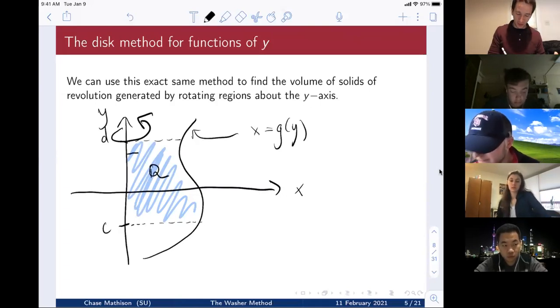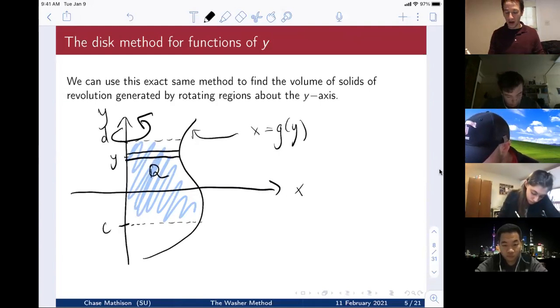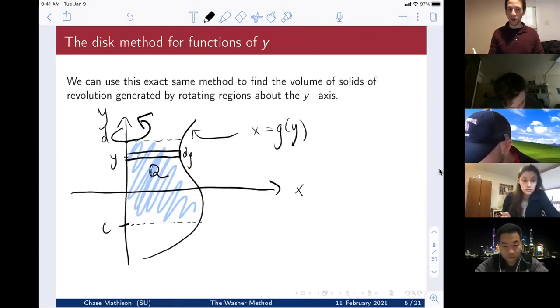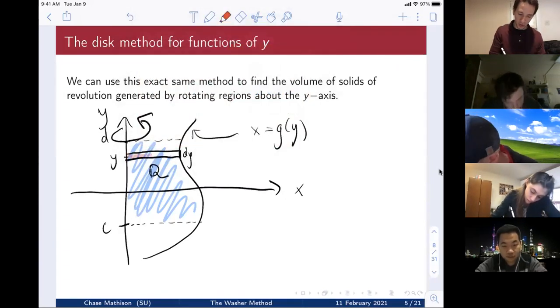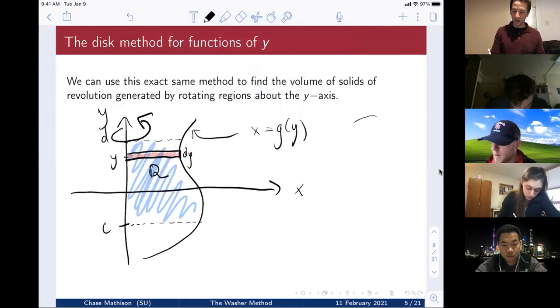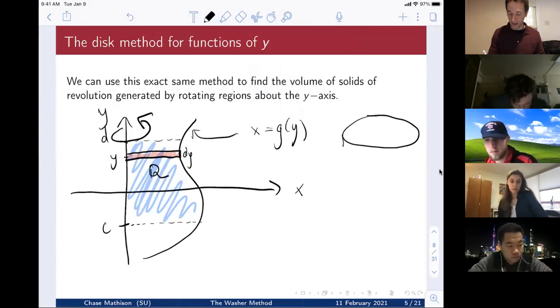To find this volume, you take one little sliver at some y, and it has a width of dy. Then we look at what happens when I rotate just that little sliver, which we'll color in red, about the y-axis. You're still getting a coin. It doesn't matter that you rotate it about a vertical axis.